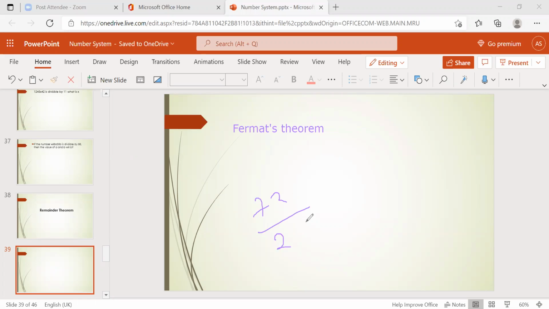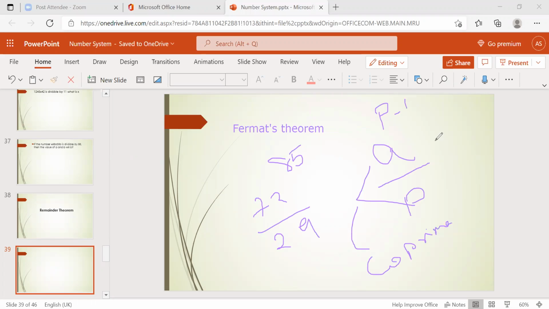What's the format of Fermat's theorem? A power p minus 1 by p. Here p and a are co-primes, co-prime numbers. Then the remainder will always be 1.